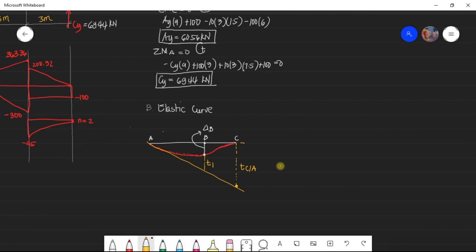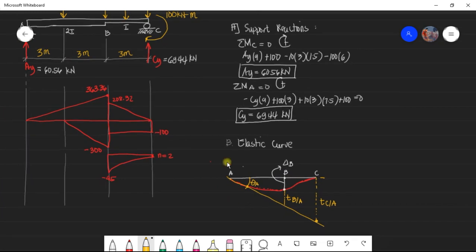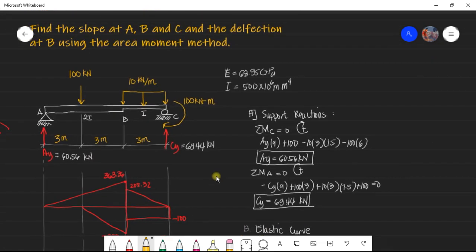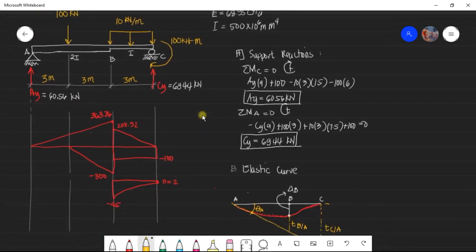The deviation of B drawn from a tangent line at A. And then, ito yung slope A. Ito unknown yung A, di ba? Check lang natin. Slope sa A.